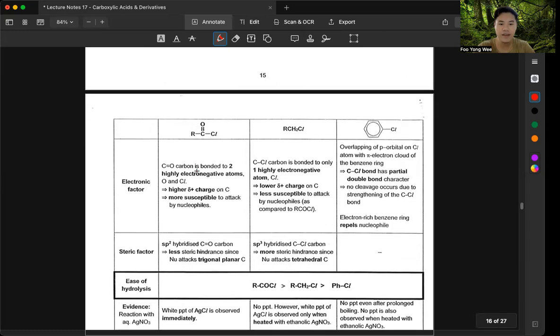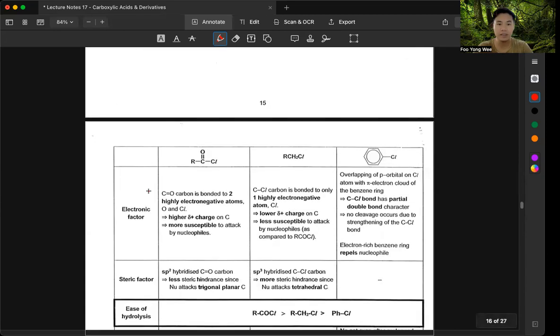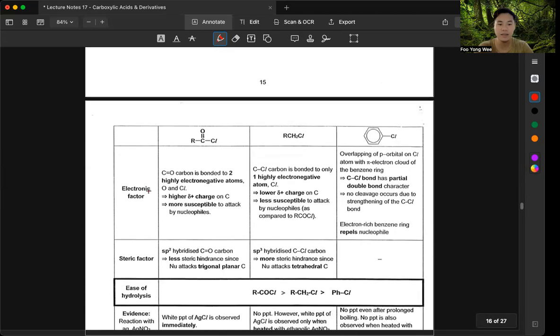So for the electronic factor, we're going to compare these three compounds, these three derivatives: acyl chloride, aliphatic halogenoalkanes, and chlorobenzene. How do you explain this? How does the electronic factor affect the relative ease of hydrolysis?